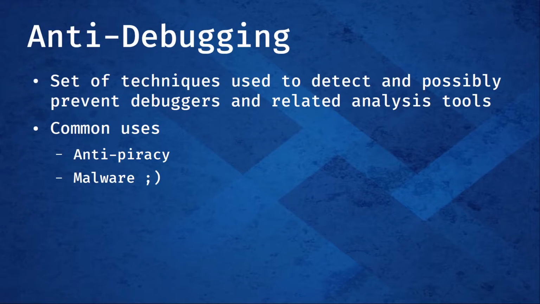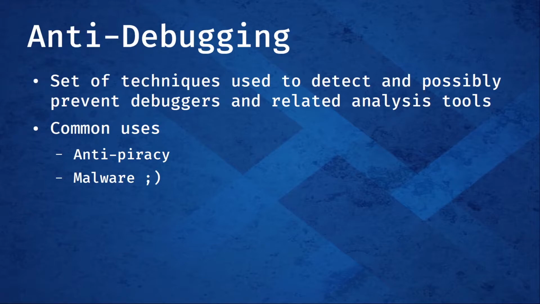So at a very basic level, anti-debugging is just a bunch of techniques which are used to detect and sometimes prevent debuggers and related analysis tools. For example, there are tracing utilities like ltrace, strace, and then there are sandboxes like Cuckoo which rely on such tracing tools.